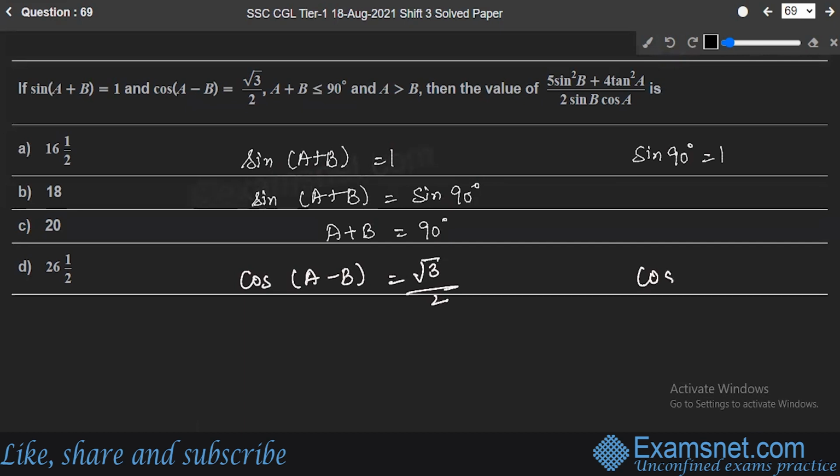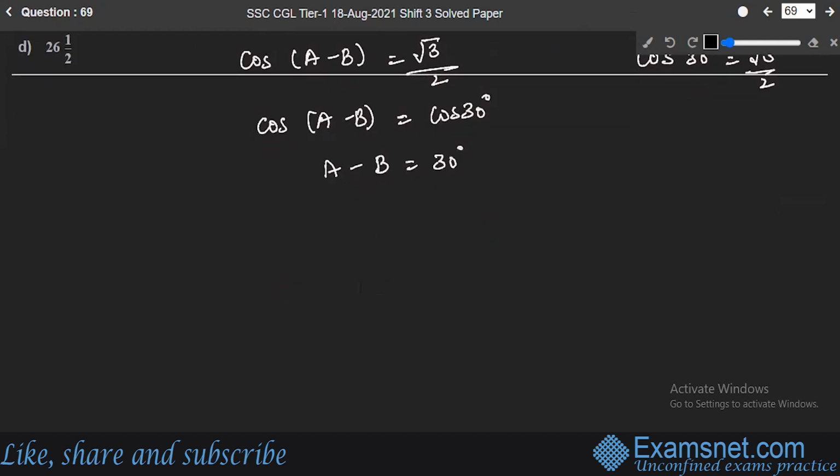And you know cos 30 degree is equal to root 3 by 2. So you have cos (A minus B) is equal to cos 30 degree. From here you get A minus B is equal to 30 degree.